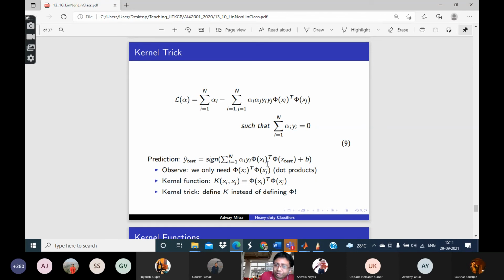Now what is the kernel trick? It is telling you that you do not need to define phi. You just choose a k, and I will define phi for you.